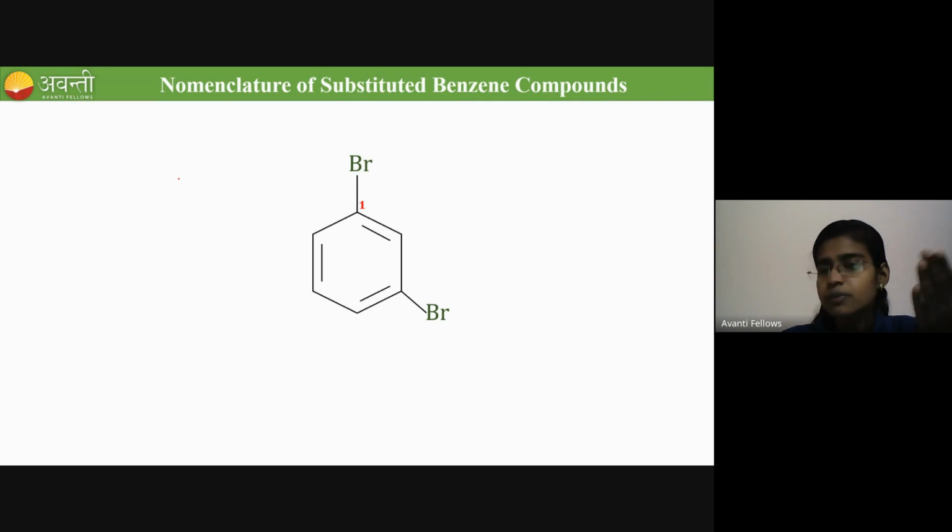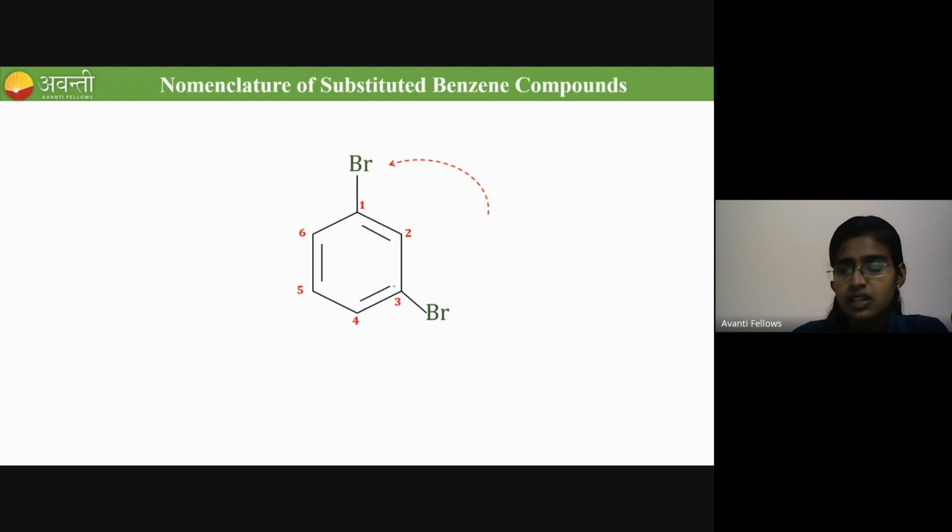I'll go in the clockwise direction first: 1, 2, 3, 4, 5, 6. Now if I go anticlockwise, then also I will get the same numbers: 1, 2, 3. So again numbers 1 and 3 will come to the carbons which bear the bromo substituent. So no problem. You can go either way.